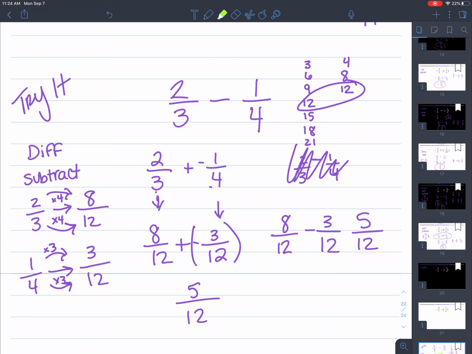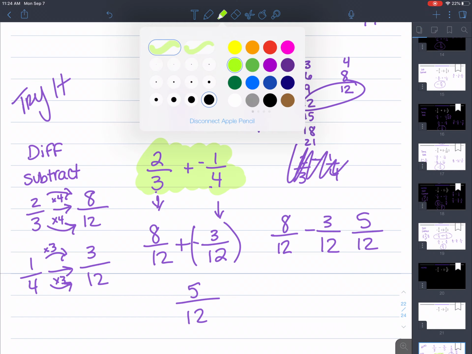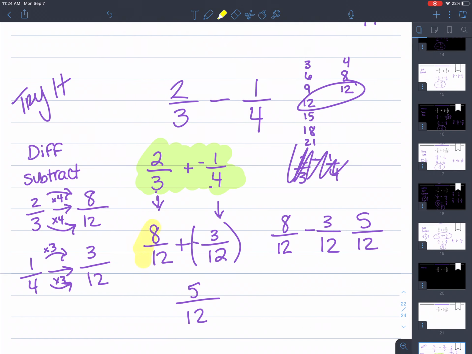I can look at the old version, and this one's not as difficult, but it can be hard to tell which one's larger, so feel free to look at the one with the common denominators. That's the easiest way to tell which fraction is larger. 8 is more than 3, of course, so our answer should be positive. We have more positives than negatives. So your answer should be 5/12ths.